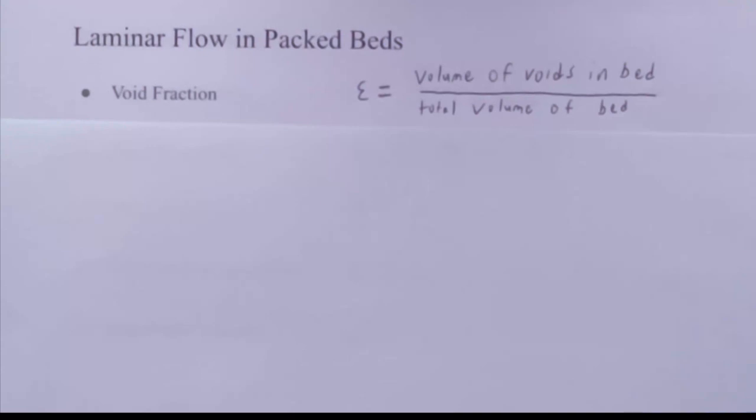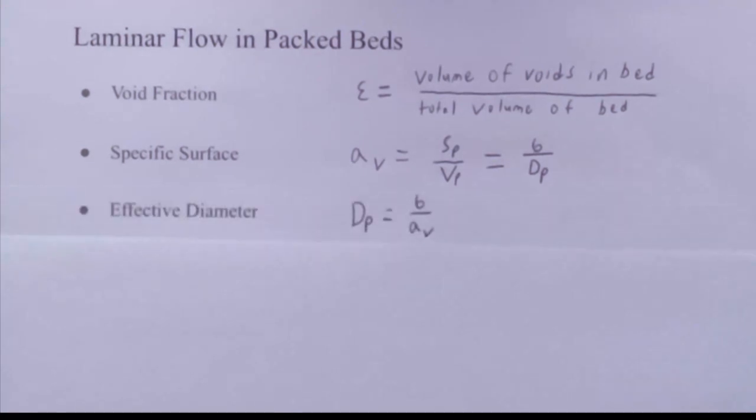We can also define the specific surface of a particle of the bed as the ratio of the particle's surface area to its volume. This is also equivalent to 6 over the effective diameter of the particle, where the effective diameter, dp, is equal to 6 over the specific surface.